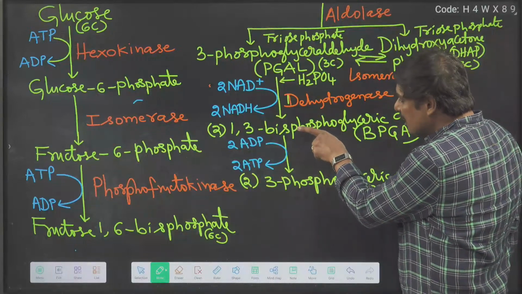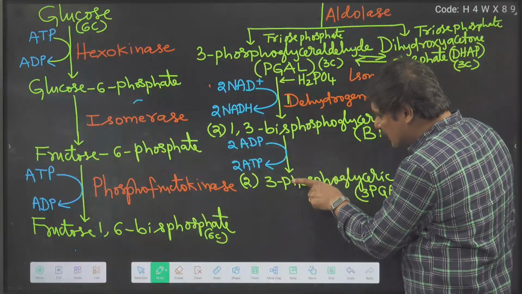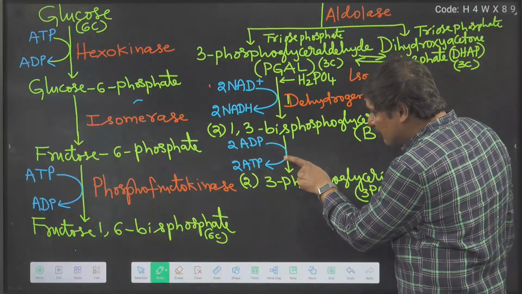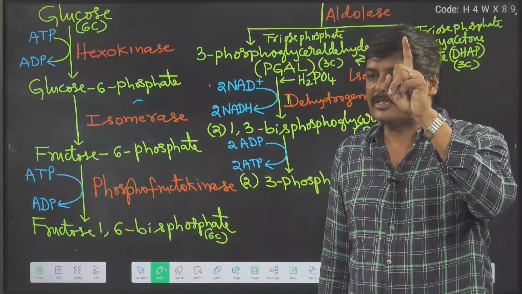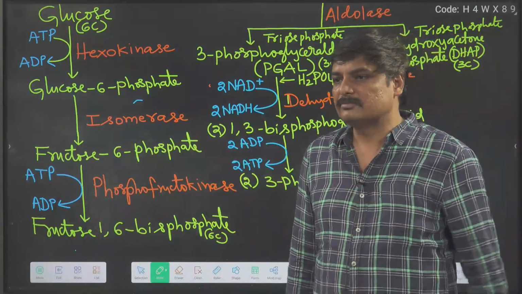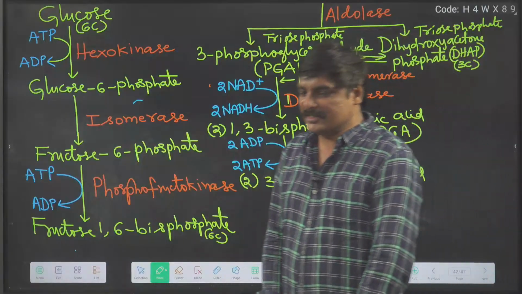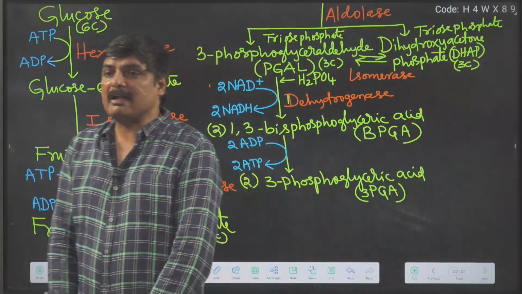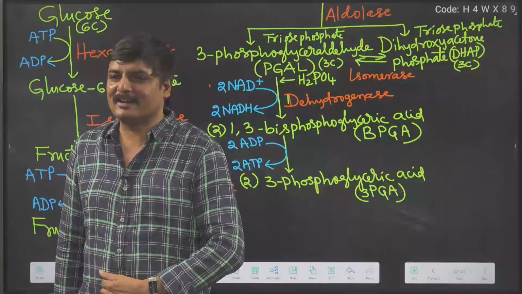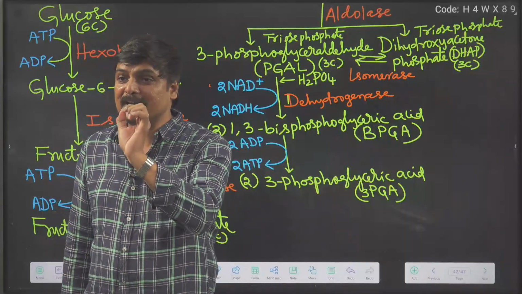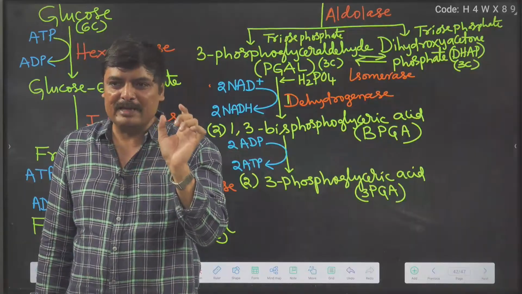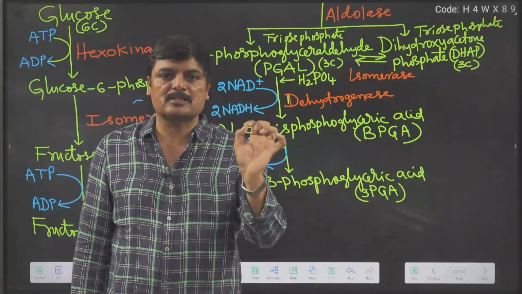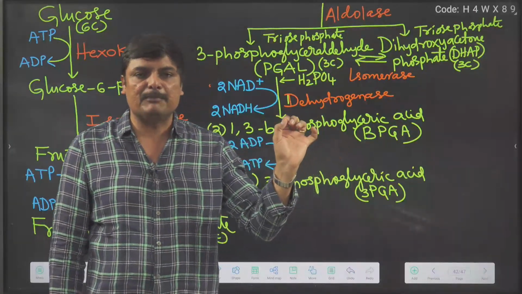During conversion of one substrate into another substrate, if ATP is formed, this reaction is called substrate level phosphorylation. You can call it SLP reaction in shortcut.